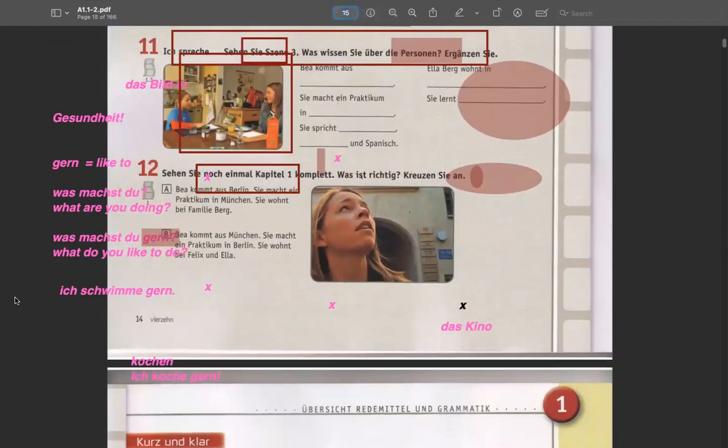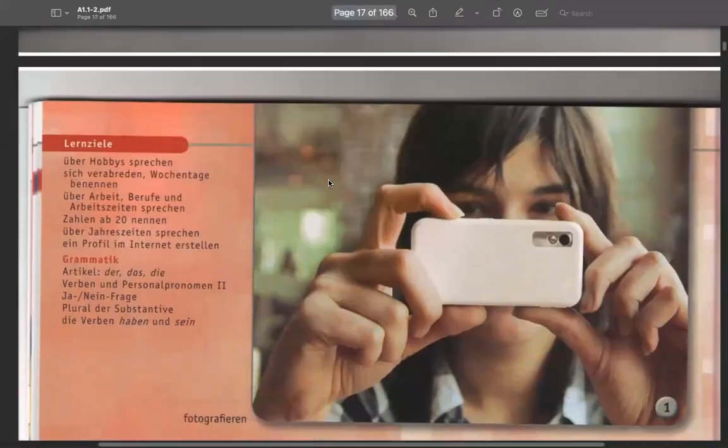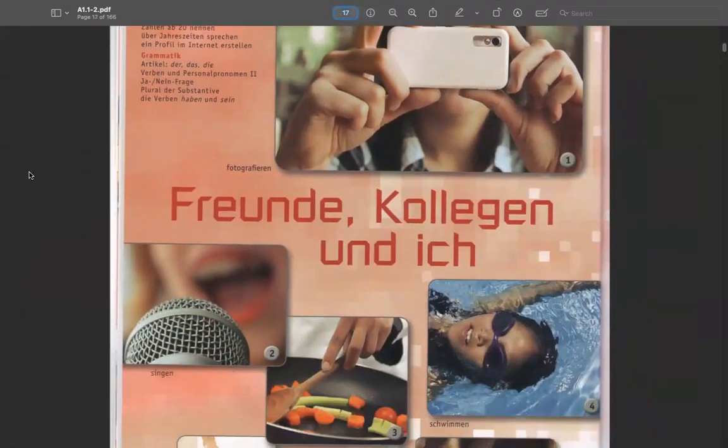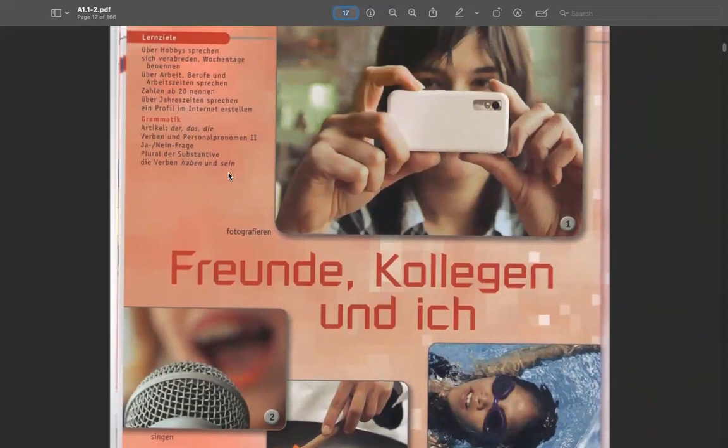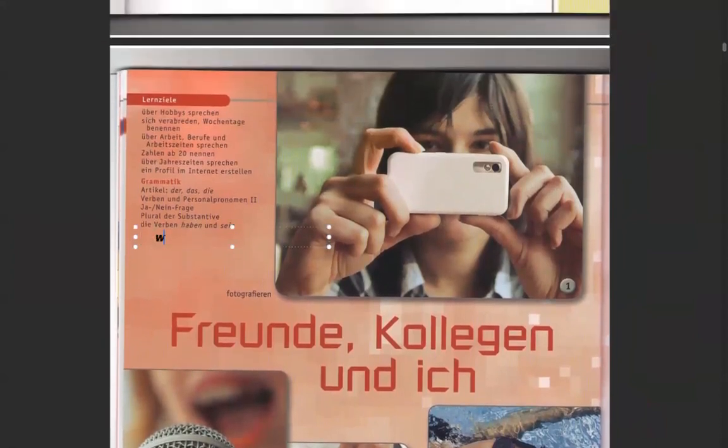Now you have colored pictures here. Capital C means chapter. Freunde, Kollegen, ich und ich. Now, if I write this question, let's say, was macht die Frau gern im Foto 1?